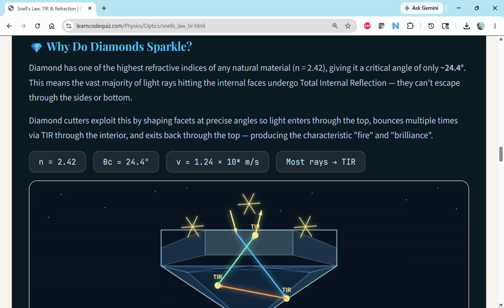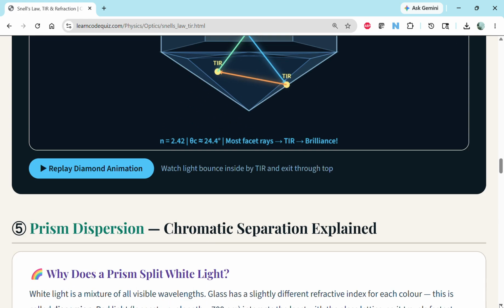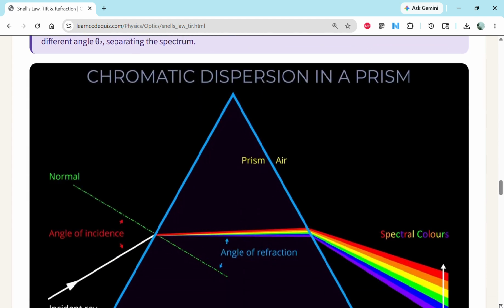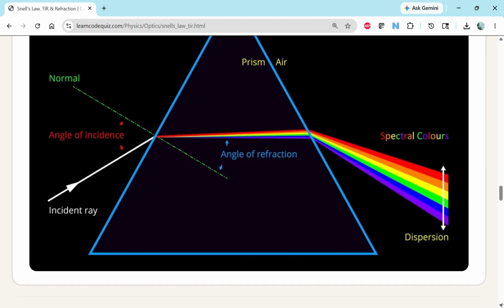What's the reason? For example, you are all familiar with diamonds and you may have always wondered why diamonds sparkle. Or you may have seen a prism and seen white light entering the prism and breaking into a rainbow of colors and asked yourself why.